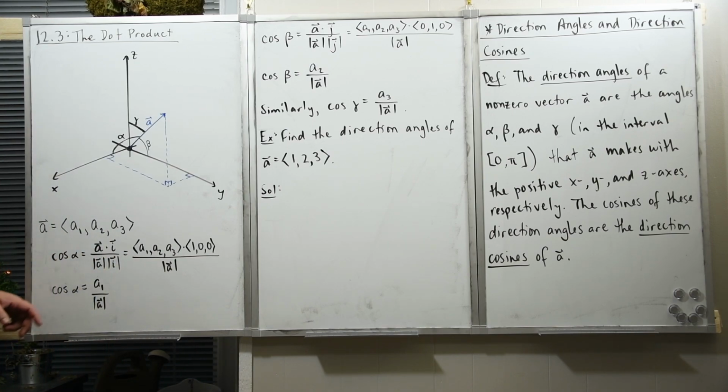Now let's keep in mind that cosine alpha, cosine beta, and cosine gamma all look very similar.